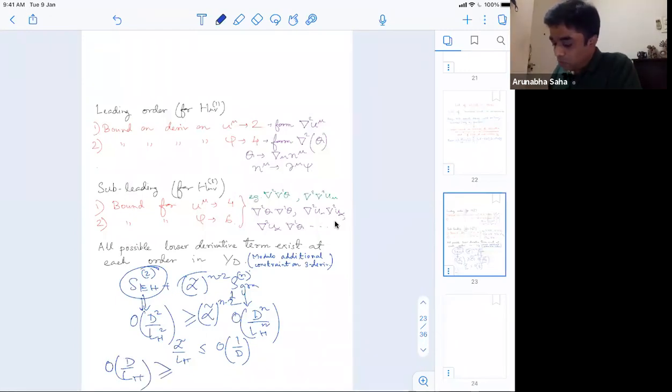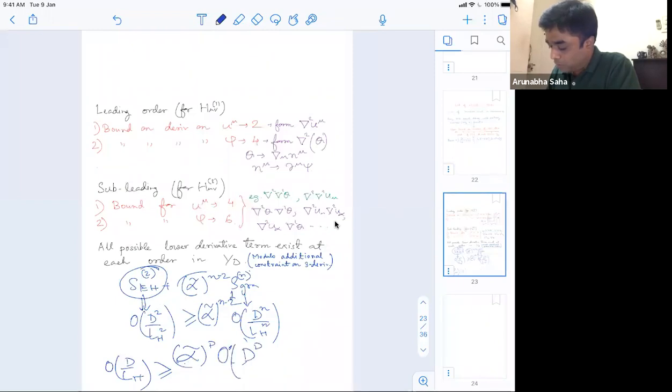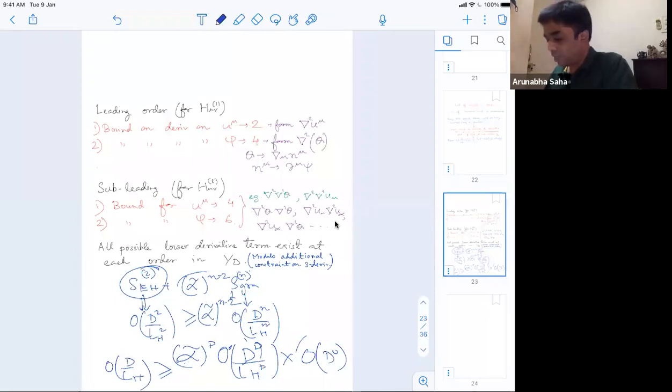And suppose only some amount of derivatives actually act in the transverse direction, and not all. Suppose p of the derivatives act on the fast direction. Then you get d to the power p by LH to the power p. And only a finite number of derivatives act orthogonal to these, which are at least order d to the power 0. So you're not left with many other derivatives acting in this direction, because you have to somehow match. Okay, fine. Go ahead.